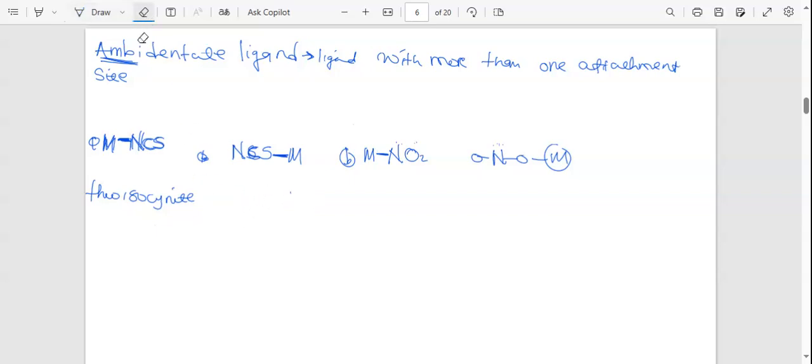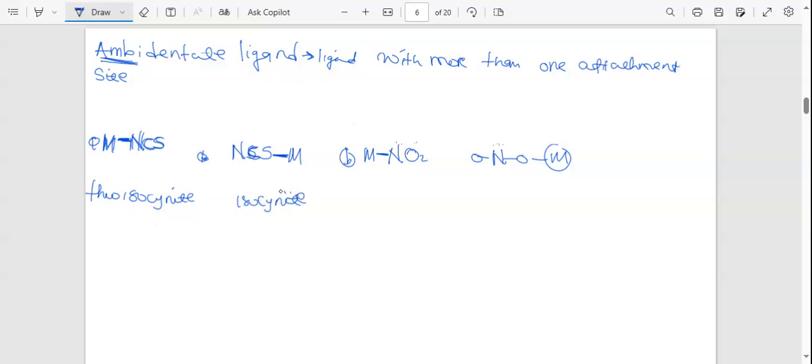So when it uses S now, you call it thiocyanito, just like that. Isocyanide.